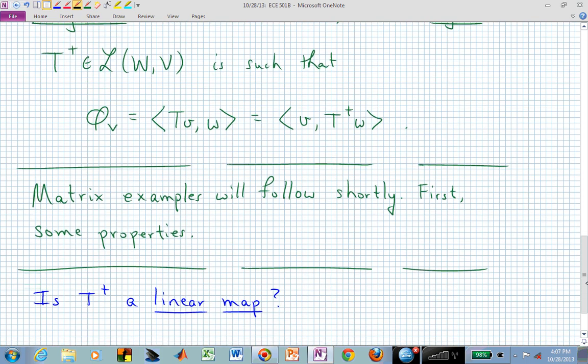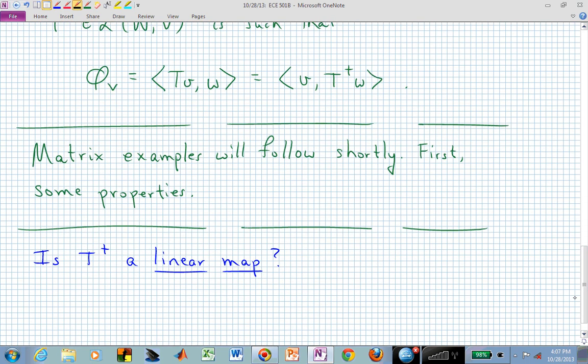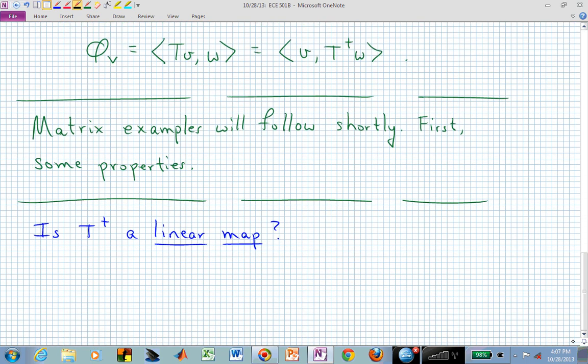Now, before we look at some examples, let's present basically the rest of chapter 6. And the first thing that we want to talk about is showing or verifying that indeed this adjoint map is a linear map. And that's supposed to be a dagger. So is T dagger, is the adjoint a linear map?